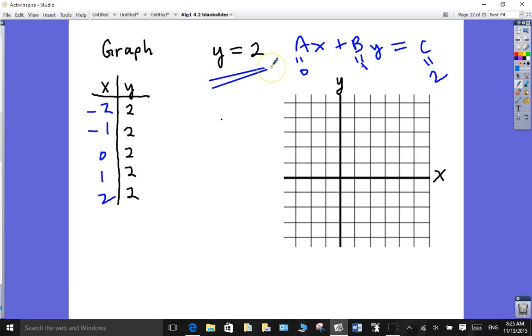You don't see an x. So there's nothing to plug in. Y equals 2, period. End of story, right? So I graph these 5 points: -2, 2; -1, 2; 0, 2; 1, 2; 2, 2. Okay, do we see the shape?